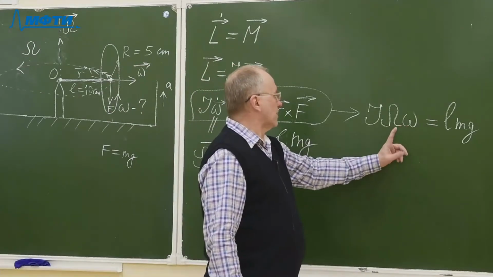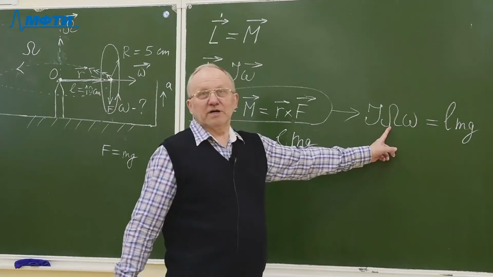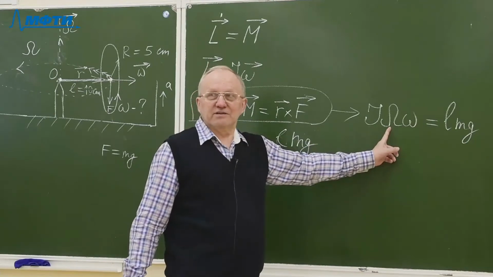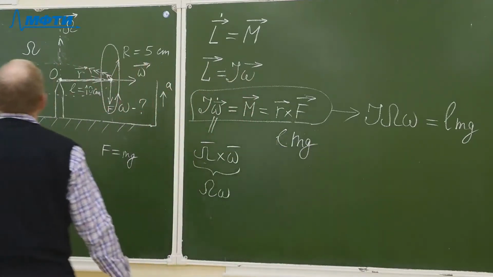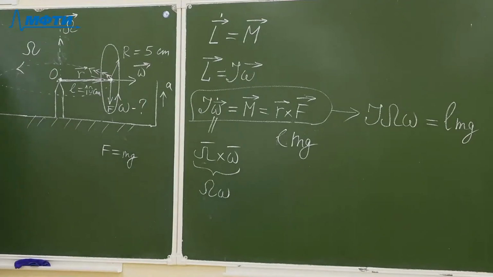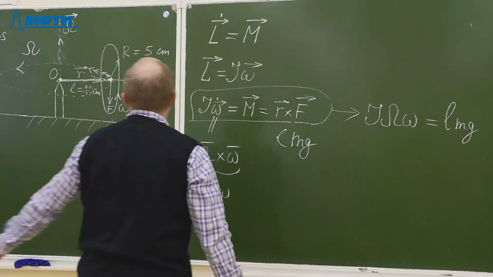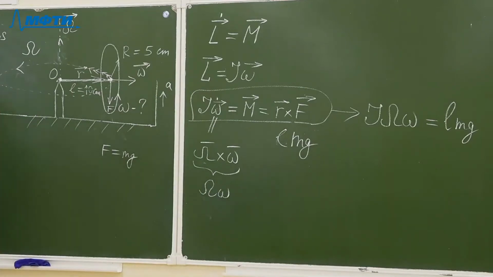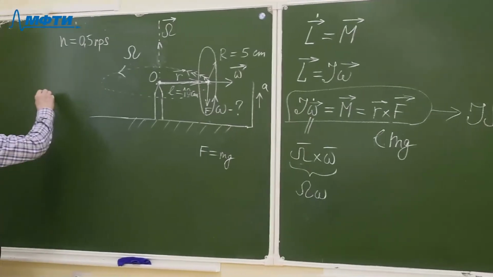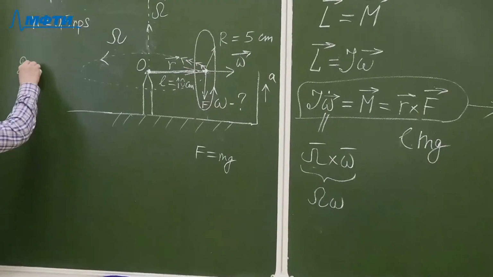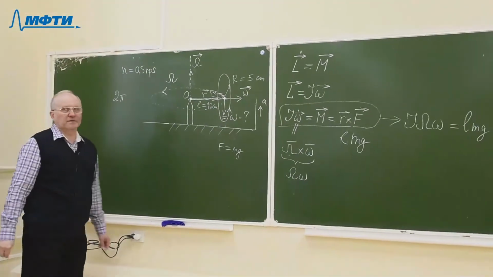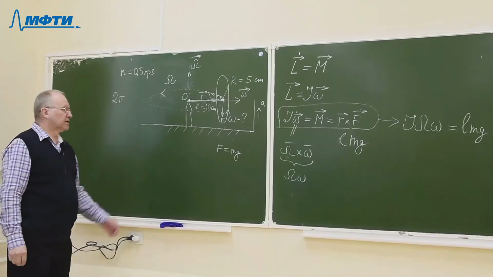We don't know capital omega. It's not given in the problem. What is given in the problem is the number of revolutions per second, 0.5 revolutions per second. But angular velocity can easily be related to revolutions per second, because one revolution is the angle of 2 pi.